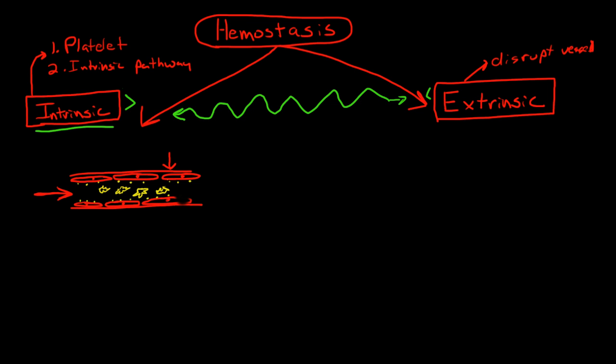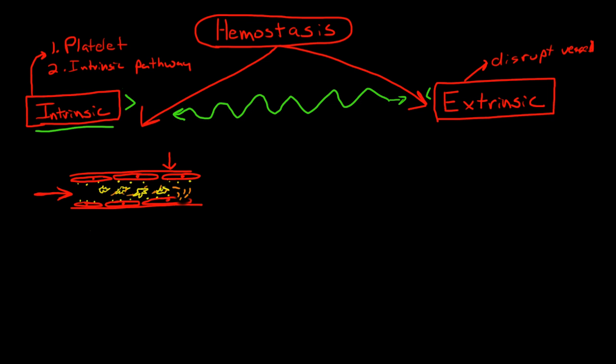This endothelial cell will secrete a protein called von Willebrand factor, and von Willebrand factor activates platelets and makes them sticky. So this von Willebrand factor will be secreted by this injured cell and activate the platelets.